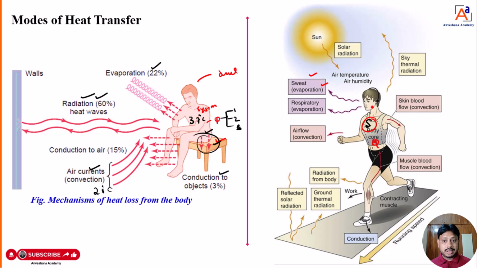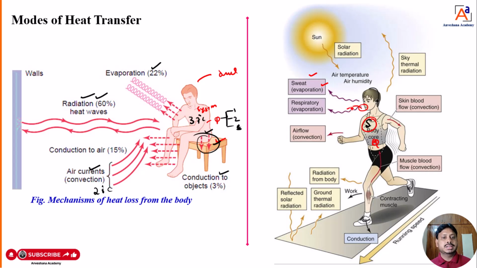One thing, when you are running, you are breathing more, so you are doing more respiratory action. Due to that, the hot air from your mouth comes out and enters the surrounding. That means you are transferring heat from your mouth to the surrounding. The hot air comes out from your body and mixes with the cold air in the atmosphere.